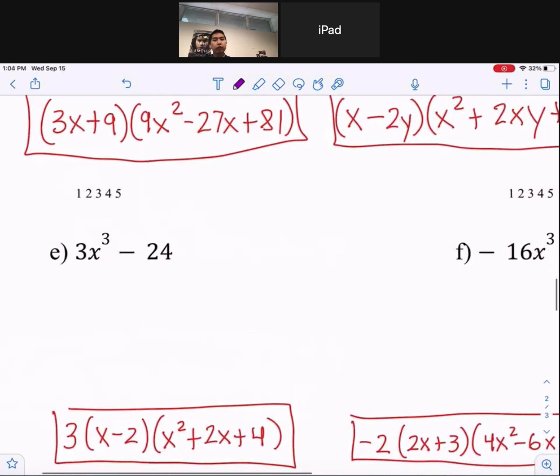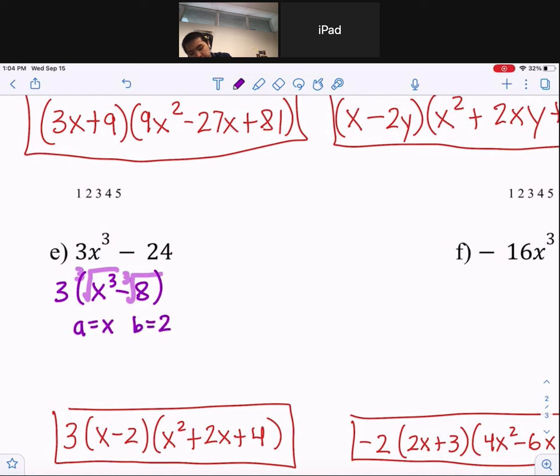E. 3 and 24 are not perfect cubes, but you can factor out a 3 from both. And now they are both perfect cubes, so cube root both sides. A is equal to x, b is equal to 2.